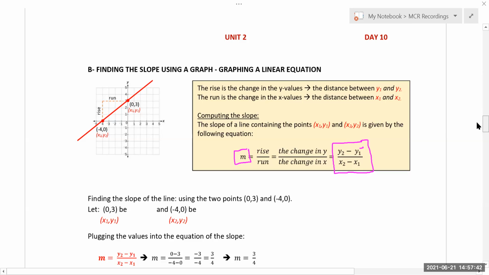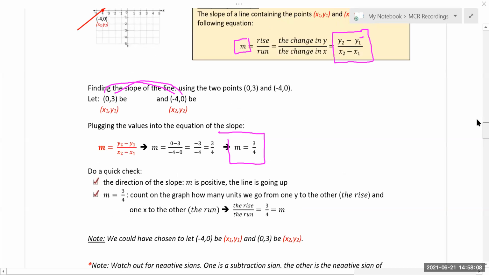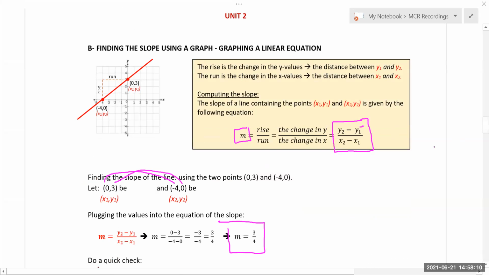So my y2 minus my y1 is 0 minus 3. My x2 minus my x1 is -4 minus 0. Watch the negatives. -3 over -4 is 3/4. Therefore, m is 3/4. And when you look at the graph, it's a positive slope, so it should be positive.